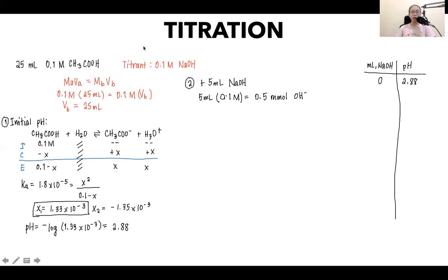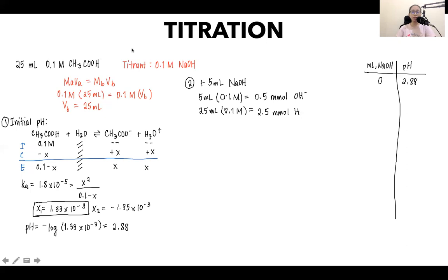Now we know that we have 25 ml times 0.1 molar of acetic acid. This gives us 2.5 millimoles. This is the initial amount of our acid, or the H plus.